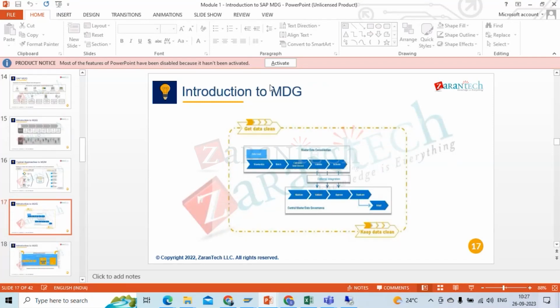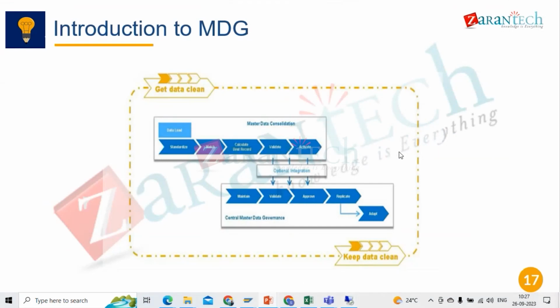Here, MDG introduction. MDG introduction we have already covered. Let me expand it. Here we have a standard model. Here we have 3 types of MDG models. Here we have 2 types of data available. One is inactive data, another one is active data. Inactive data will be stored in staging tables when the end user is creating the change request.